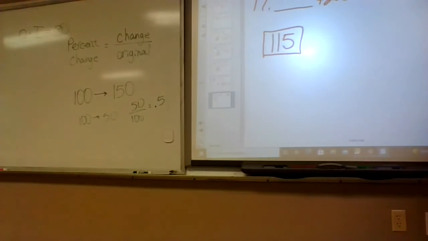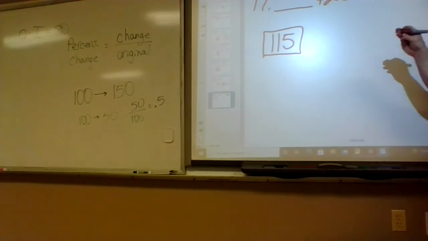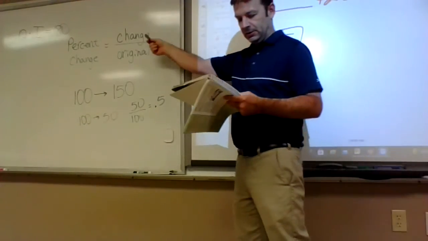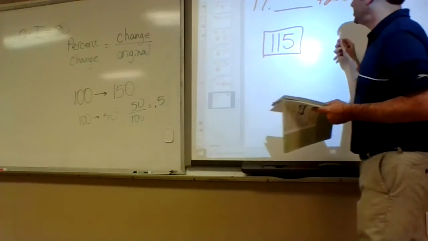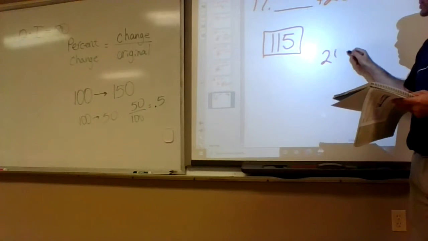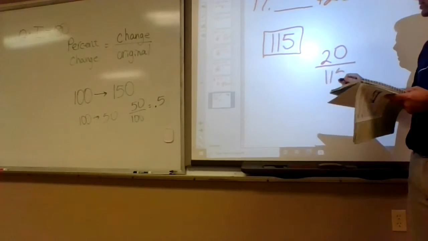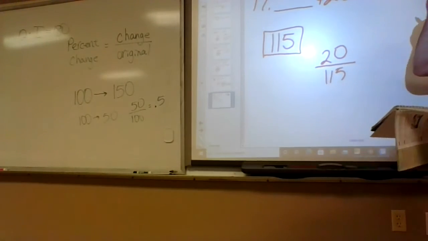And then we do 115 divided by 32. Not quite. Percent change is back to this. What's the change? 20. What's the original? The number we just found. And what's that come out to?